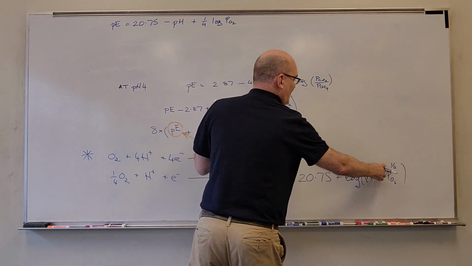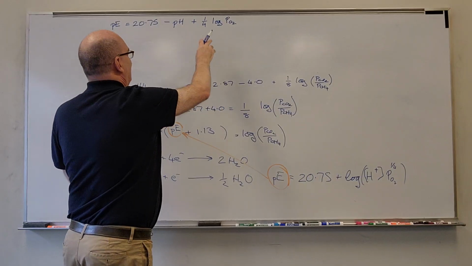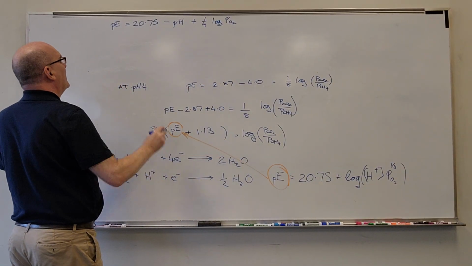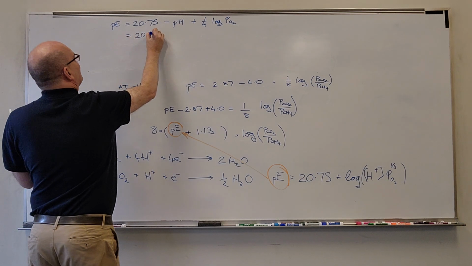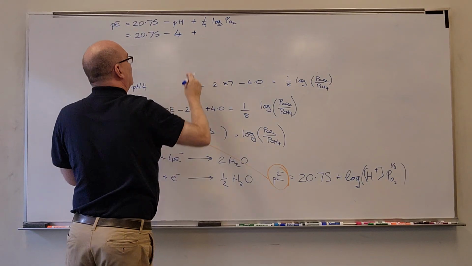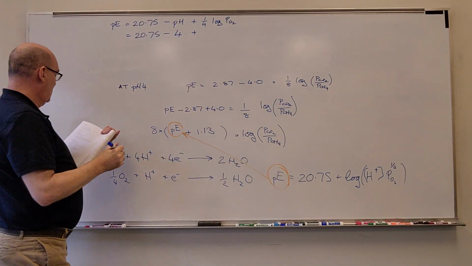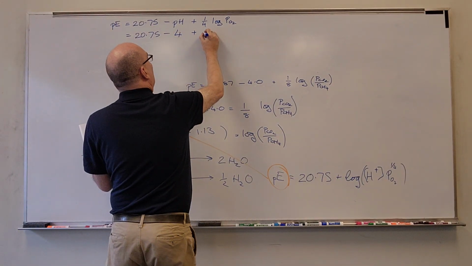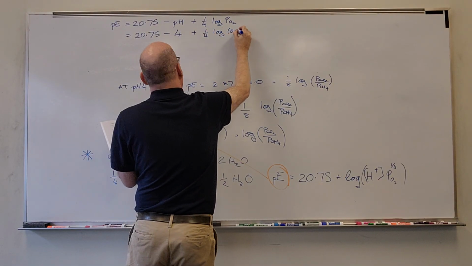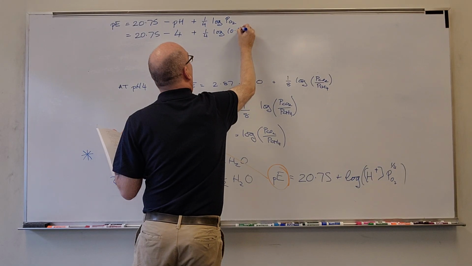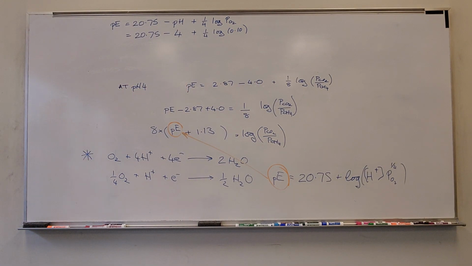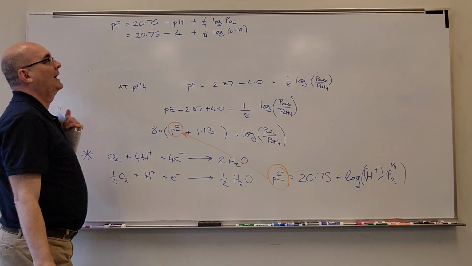It would be nicer if we could just write that in one way. These two mean the same thing, okay? Which is 20.75 minus, what's the pH? 4 in the question. And then 1/4 of the log of 0.1. The partial pressure of the oxygen in the question is 0.1 atmosphere.